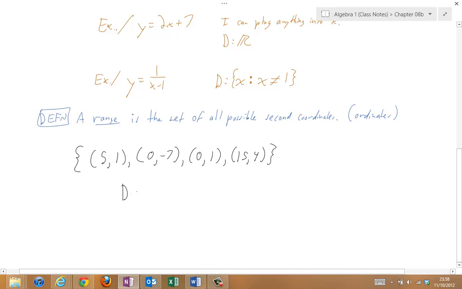My domain is all the possible x's. Now, we never repeat values in the domain. So if I look, I have 5, 0, 0 again, so I'm not going to use that, and 15. That's my domain. And you may say, well, those aren't in order. Okay.